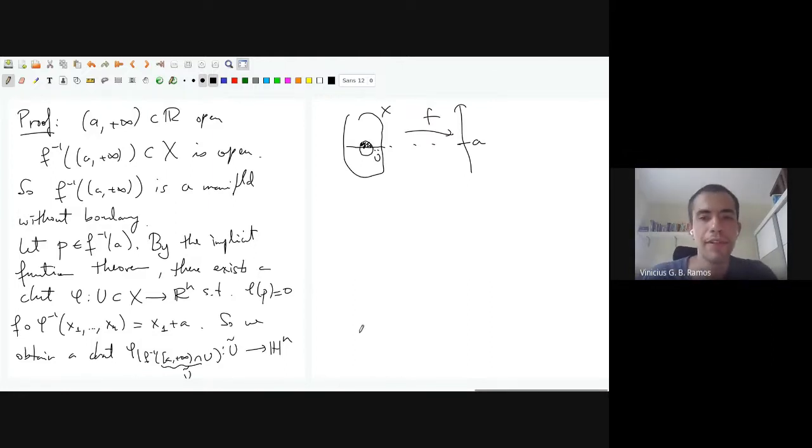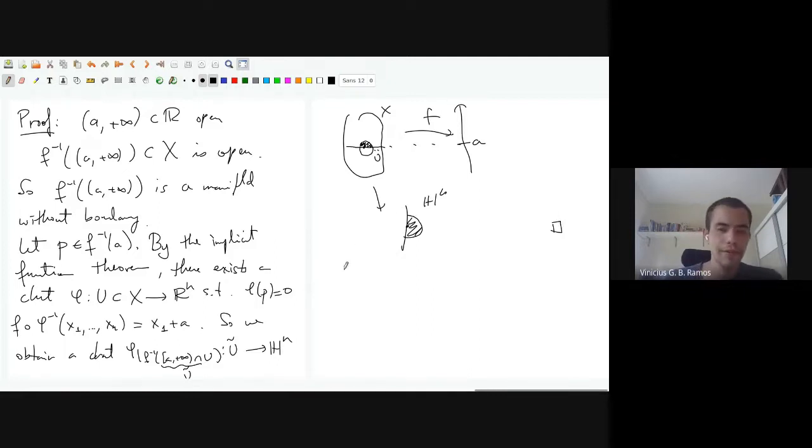That will give you the chart that you want, a chart into Hn. Okay, so that's basically the proof.